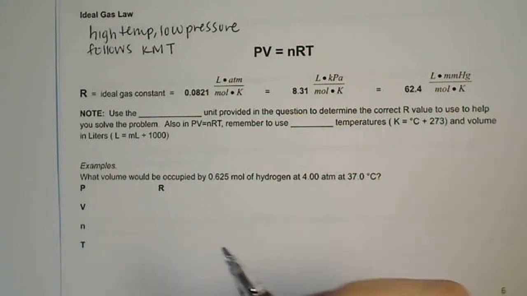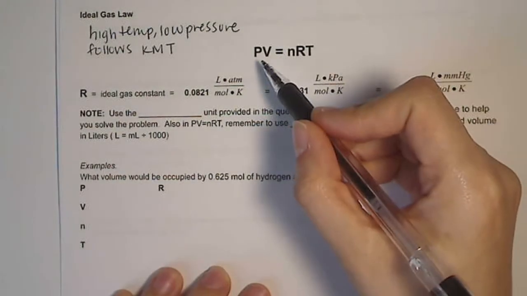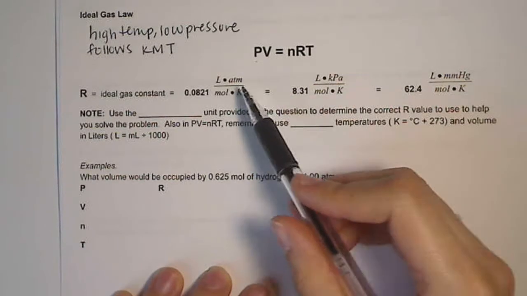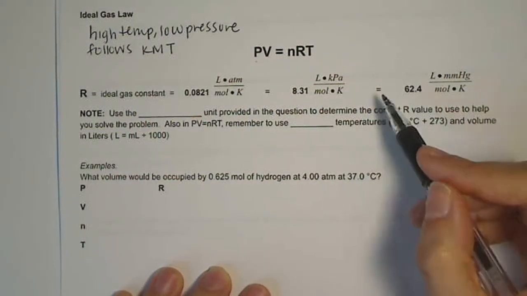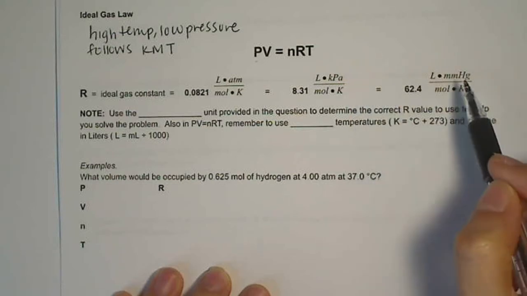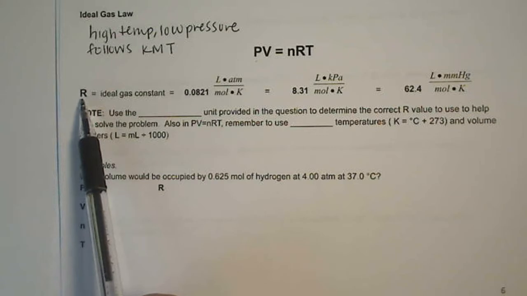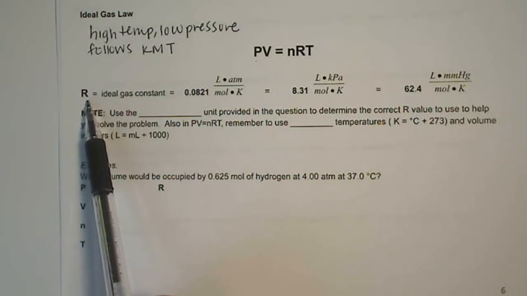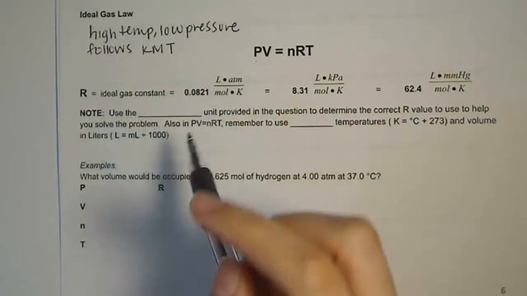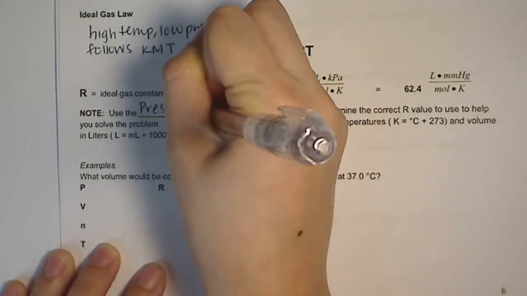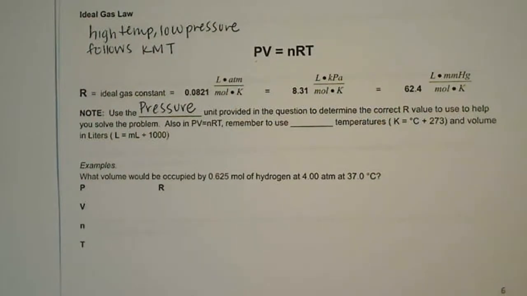Just remember you can have several units for pressure. Pressure could be atmospheres, kilopascals, or millimeters of mercury. When you're plugging in your R, you have to look at which unit of pressure you're in, and that unit of pressure will tell you which R to use.